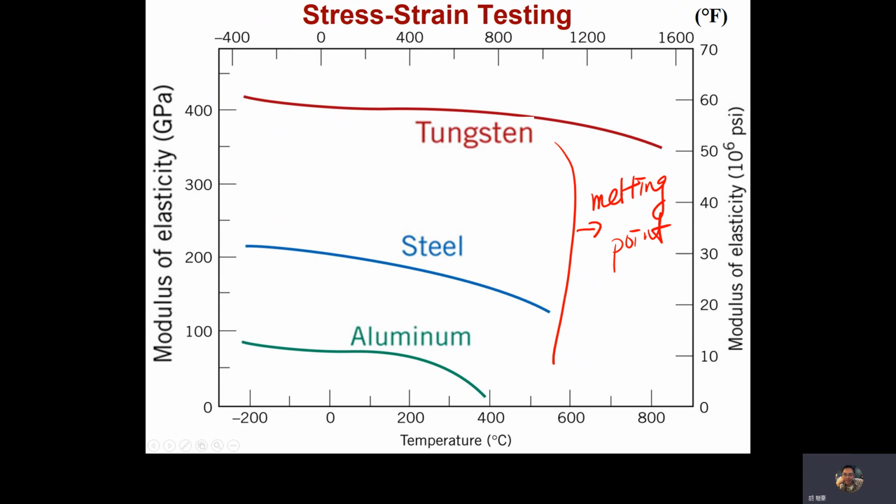Of course, tungsten has the highest melting point compared with steel and aluminum. You can see that tungsten has the most stable Young's modulus with respect to temperature, right?